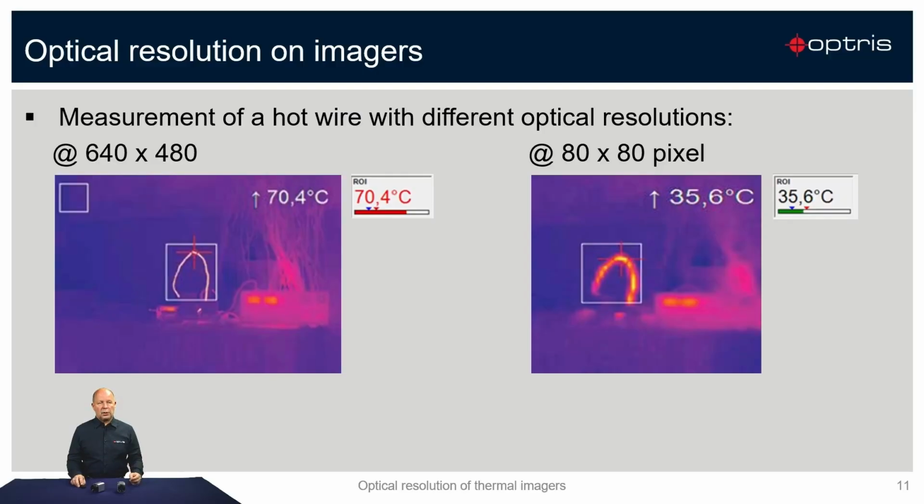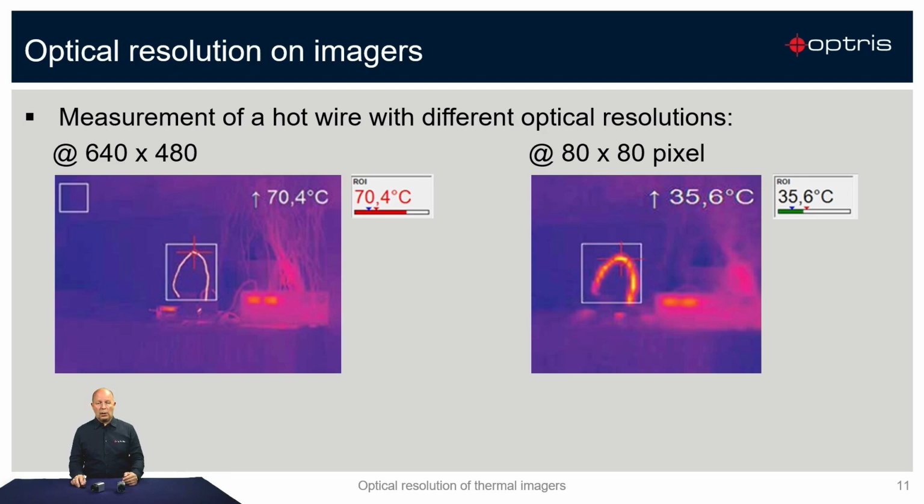Here's a practical example. We are looking here at a hot wire with different optical resolutions. So a very simple measurement task, you can say. It's just a hot wire in a standard environment. And we are looking on the left image with a 640 times 480 resolution VGA imager, and we measure 70 degrees Celsius as a wire temperature. We are looking on the same object, the same wire, under the same conditions with an imager which has just 80 by 80 pixel.